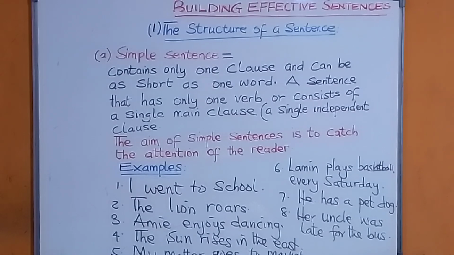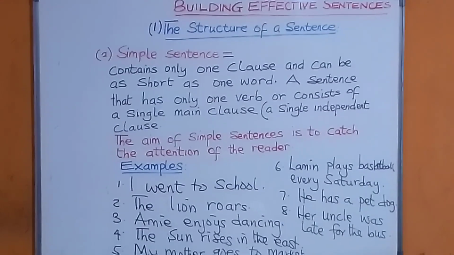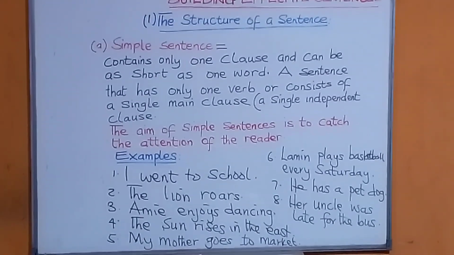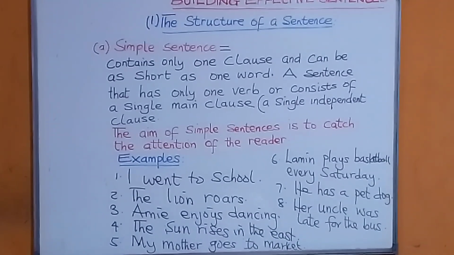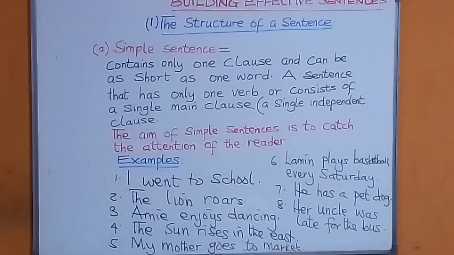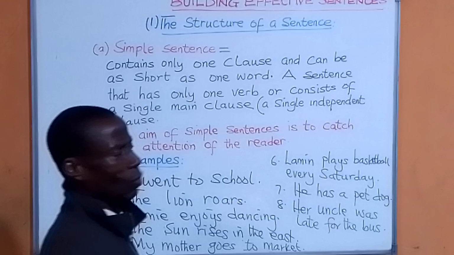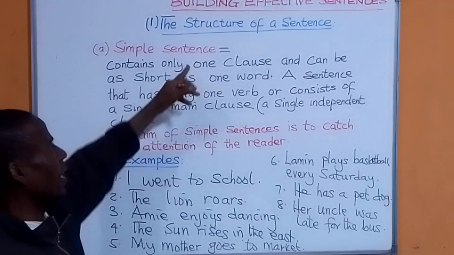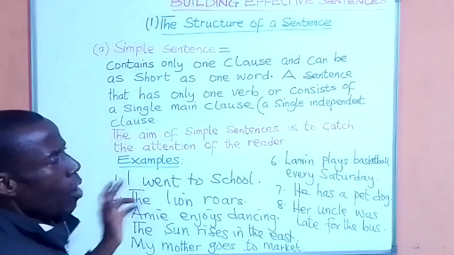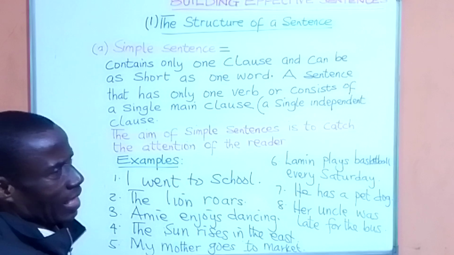So, we are looking at building effective sentences. The first one we are looking at is the structure of a sentence, and in this we are going to look at simple sentence, compound sentence, and complex sentence.